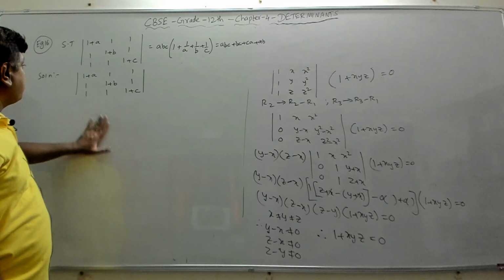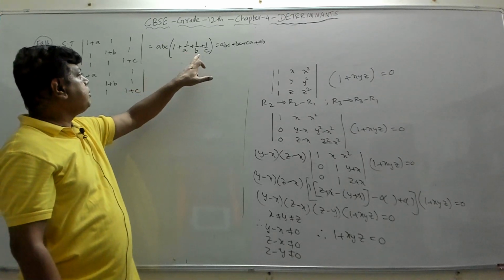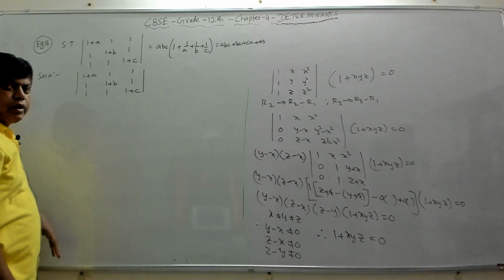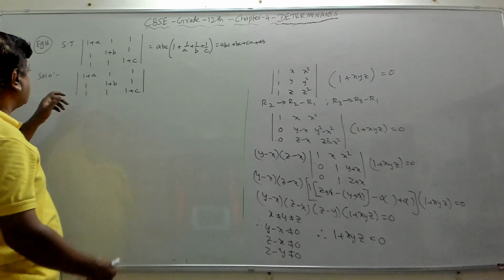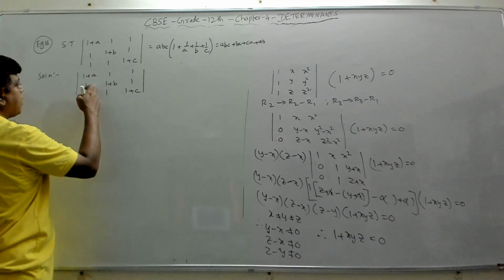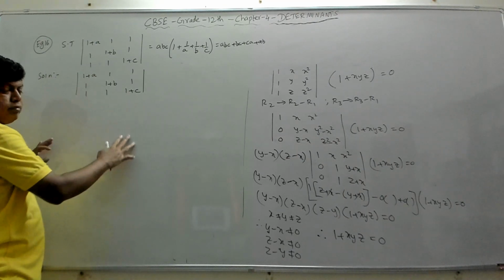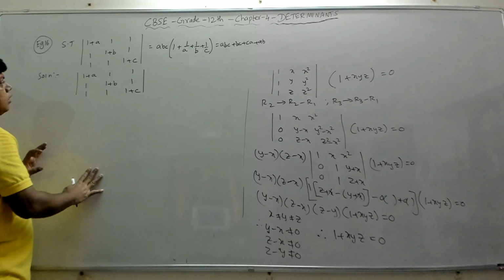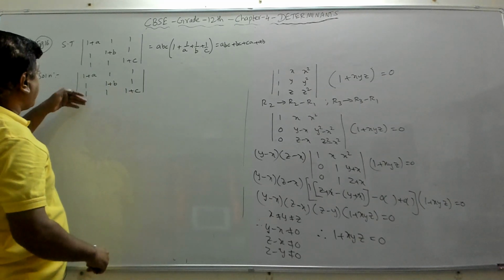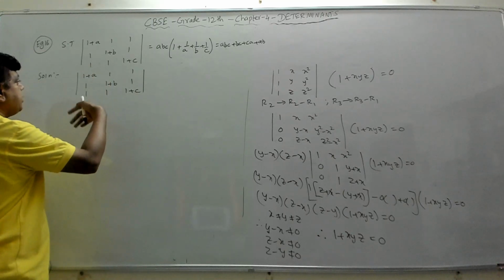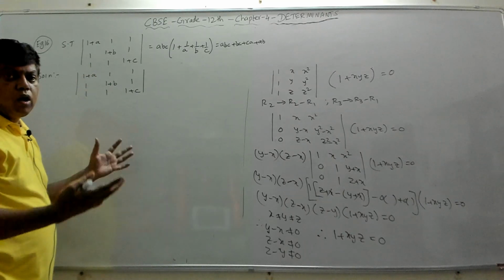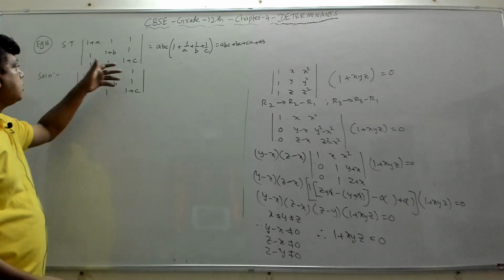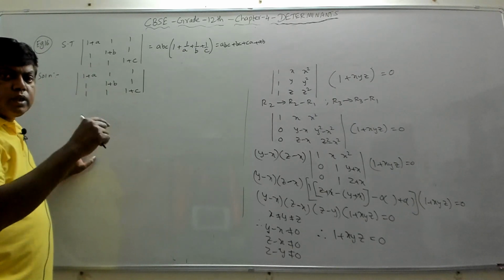So here, if you observe, we need to get 1 by a, 1 by b, 1 by c. But here, if I try to add, I'm not having 1 1 1 in a particular row or a particular column, right? Or if I add any two rows or any three rows or any two columns or any three columns, can I get the same value for all the elements in a particular row or a column?